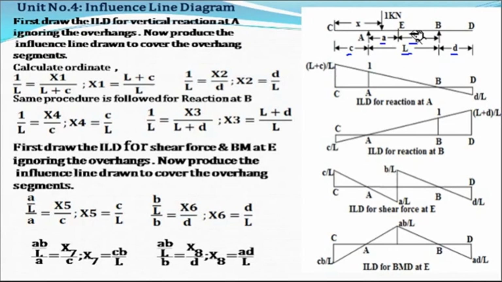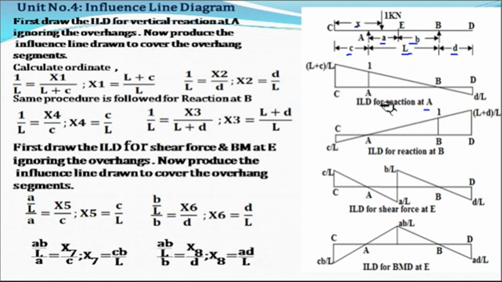Now here we have considered the unit load, which is at a distance x from support C. Here we have to draw the influence line diagram for reaction at A, reaction at B, and shear force and bending moment at the given section E. We'll see first the influence line diagram for reaction at support A. First we have to draw the influence line diagram for the simply supported beam, that is AB.